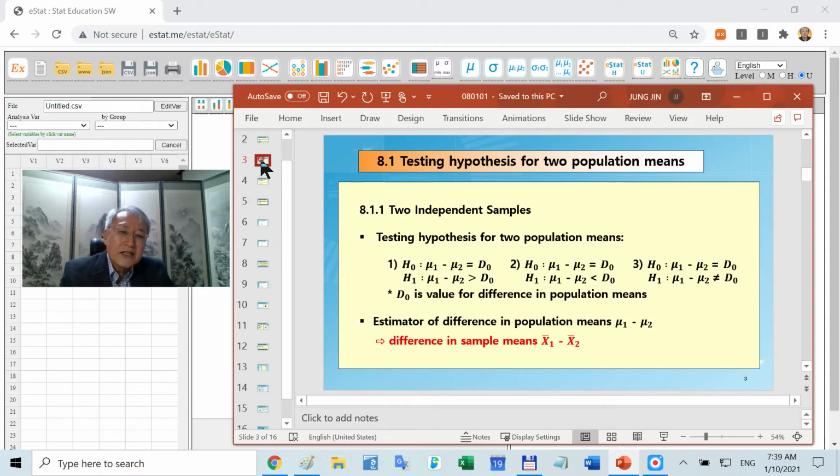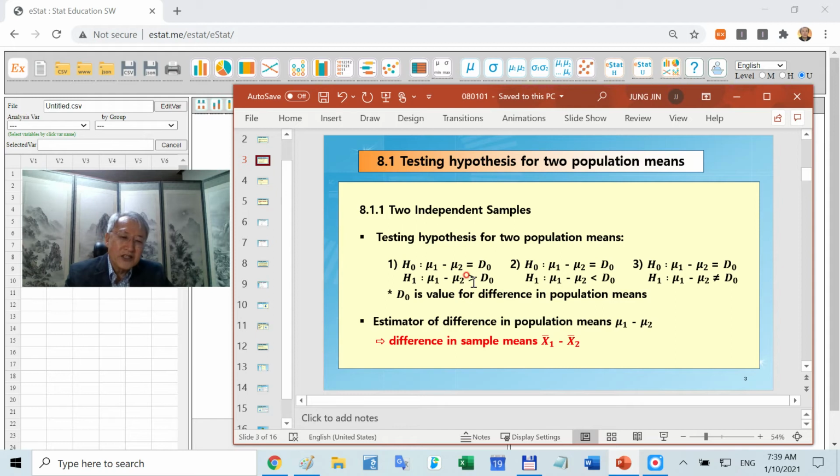Here are testing hypotheses for two population means. As we did before, there are three types of the hypothesis. It means we are curious about conservative decision making. We don't mind about the beta. We are curious about the testing based on the significance level, some allowable type 1 error.